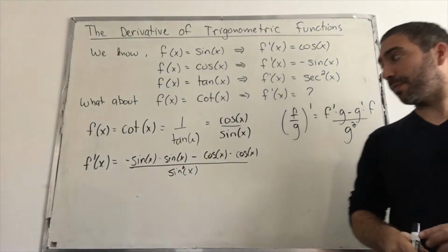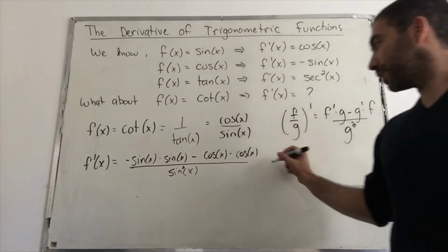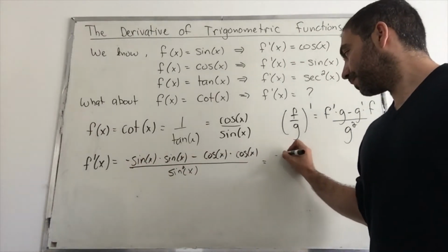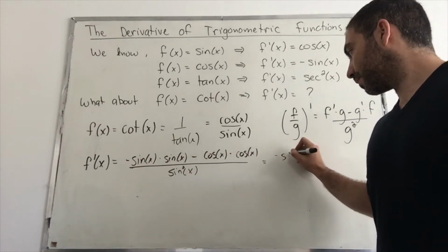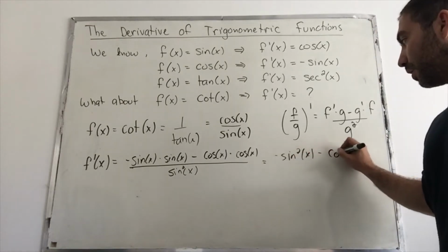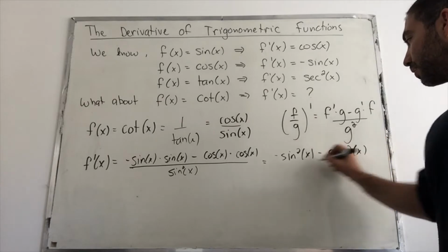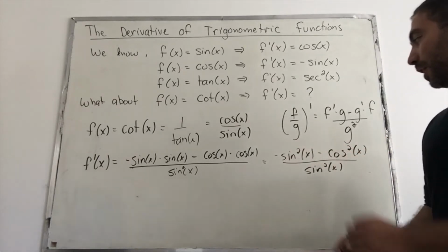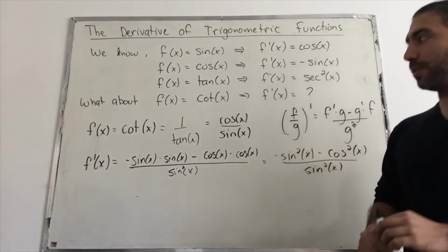So this is what we have. So this is equal to, we have a negative, so we get negative sine squared minus cos squared of x, all that over sine squared, using a similar argument. Here, they're both negative, so the property doesn't hold.